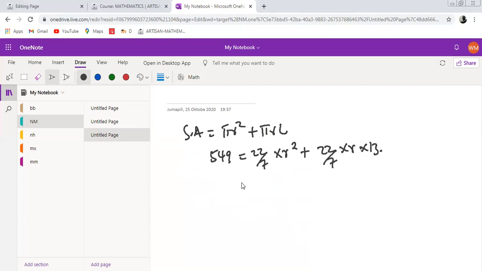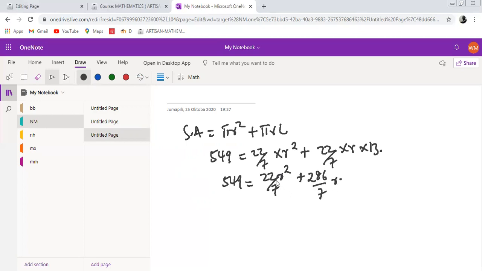Then you'll realize that 549 should be equal to 22 over 7 r squared plus 22 times 13, 286 over 7 r.